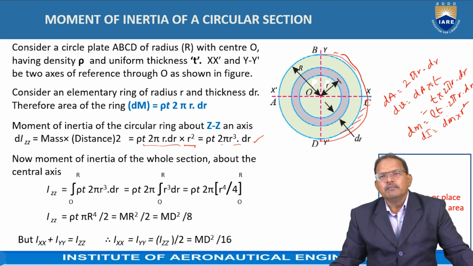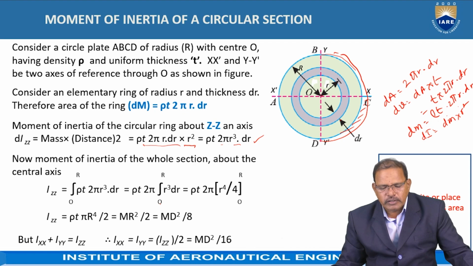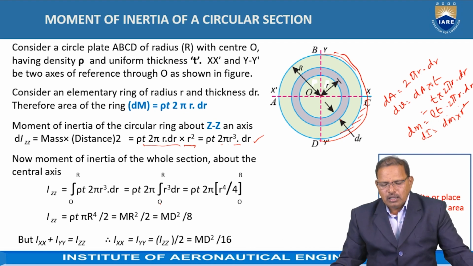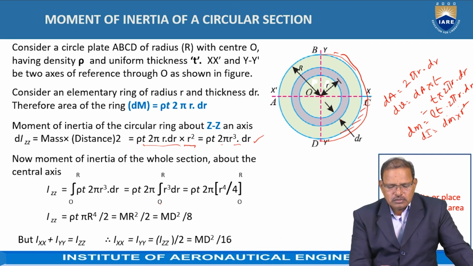Similarly, Izz is equal to Ixx plus Iyy, and since Ixx is equal to Iyy because of symmetry about the x-axis and y-axis, Ixx is equal to Iyy, which is Izz by 2, which is equal to md square by 16.